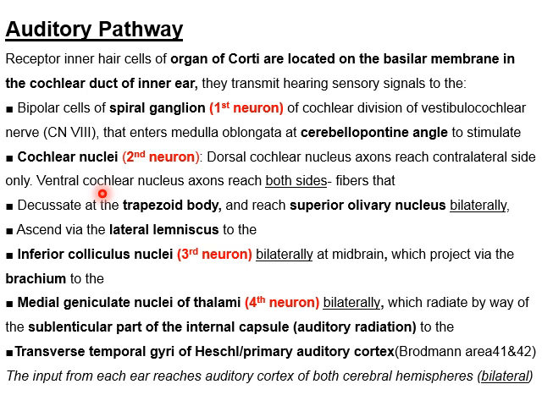Since it is going to both sides, the fibers that arise from the ventral cochlear nucleus decussate at a structure called the trapezoid body, as you'll see in the following slide. That trapezoid body shows the crossing of the fibers from one side to the other.